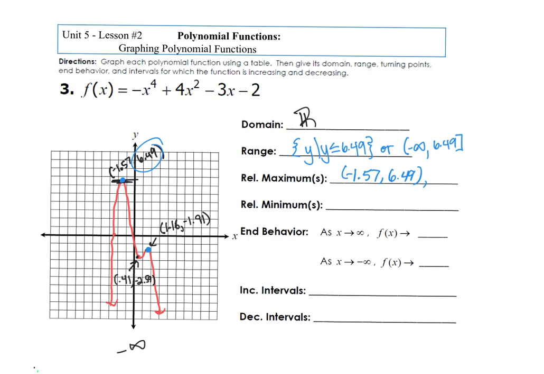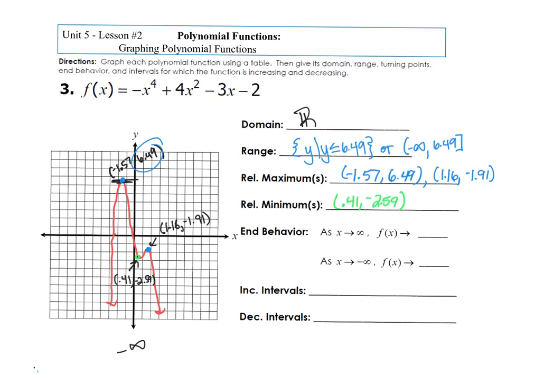That high point was 1.16 for x, negative 1.91 for y. Relative mins are those little dips or valleys. I'm going to show that here in green. That is a low point, a minimum, for a turning point. And that value was 0.41 for x and negative 2.59 for y.